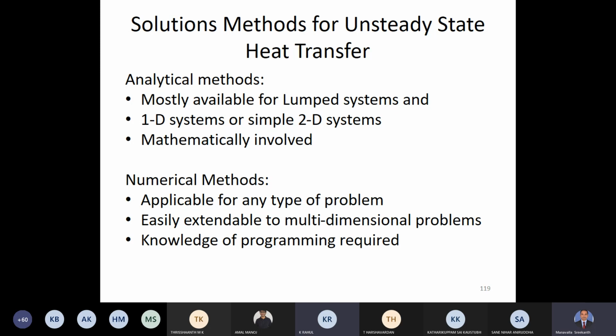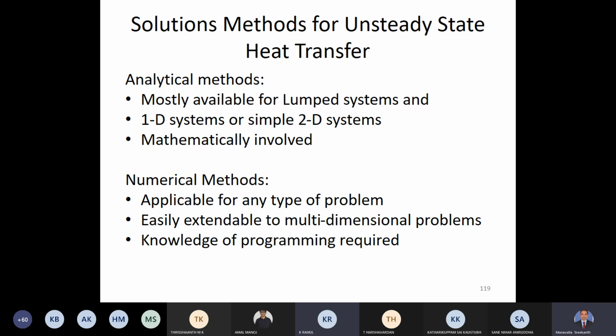Then after applying the concepts of heat transfer and energy conservation, you will end up with equations. For a small geometry, those equations can be a few hundred, and for a large geometry with a large number of nodes, they can be a few million equations.